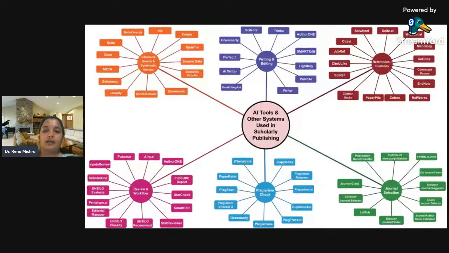You can simply type Shodh Ganga and you'll be accessed through.